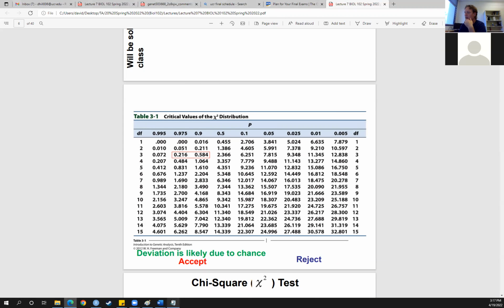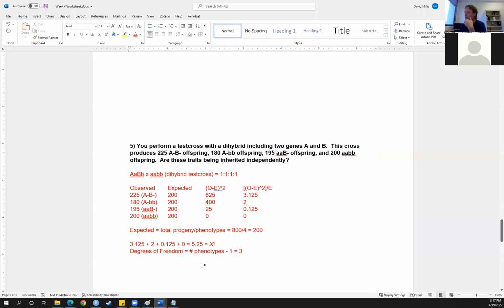So we would say that our final p-value is between 0.1 and 0.5. So our p-value is somewhere in there.